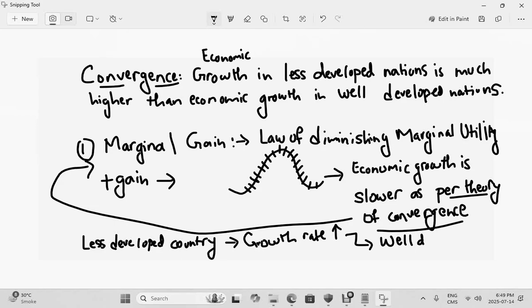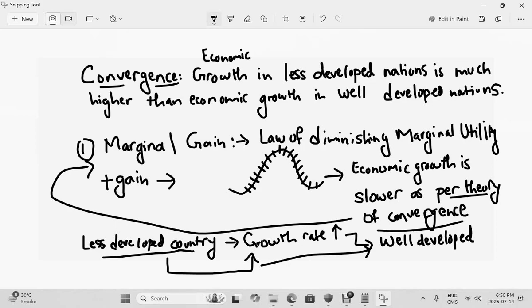Because the well-developed nation has reached its peak when it comes to its growth rate, which means that despite the fact that the well-developed nation may be growing in terms of GDP, in terms of aggregate demand, so on and so forth, the growth rate is less compared to the growth rate of a less developed nation. Which basically means that the less developed country is able to catch up to the well-developed country, because of the high growth rate.